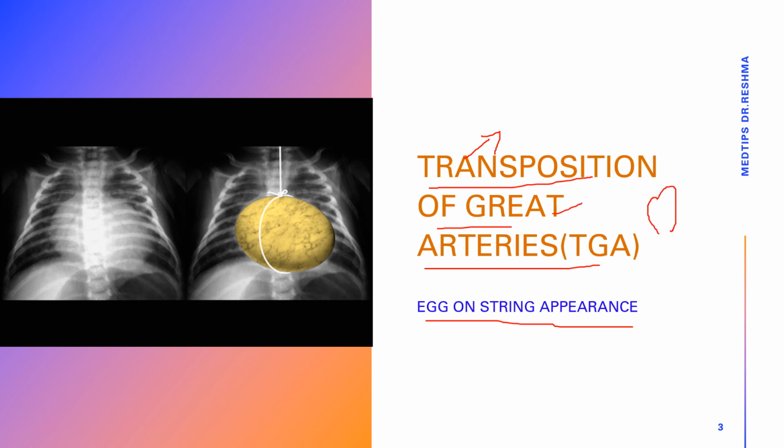We know that usually the pulmonary artery comes from the right ventricle, and the aorta arises from the left ventricle. But in this congenital condition, the interchanging of both arteries occurs. That means the aorta arises from the right ventricle, and the pulmonary artery arises from the left ventricle. So that's about transposition of great arteries, and the finding we get is egg on string appearance.